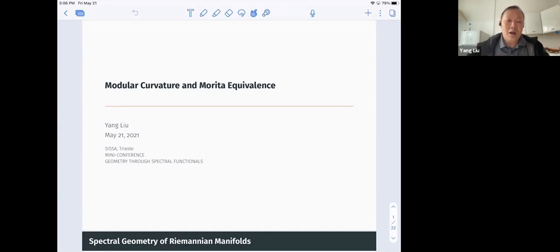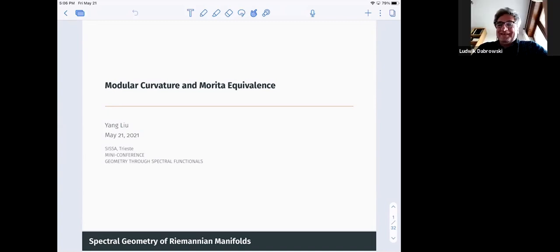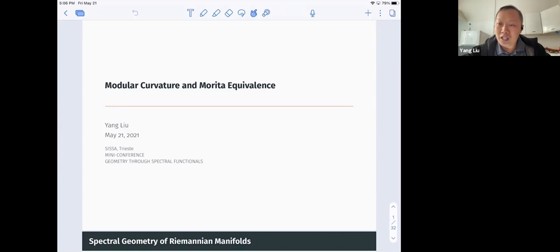As suggested in Masu's title, the mysteries of curvature, probably after my talk, if I do a good job, it will make you more confused about this curvature by bringing in this Morita equivalence. So let's see how this goes.